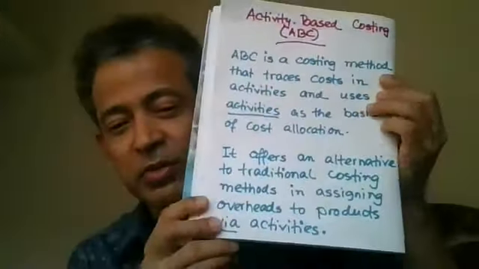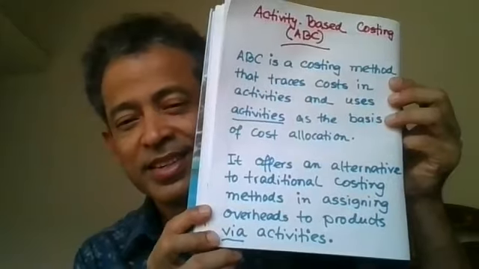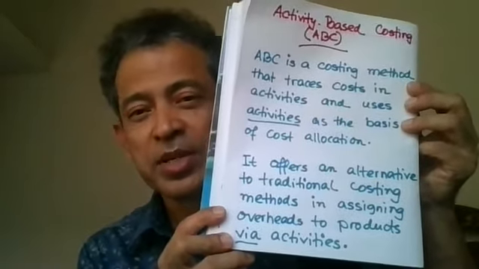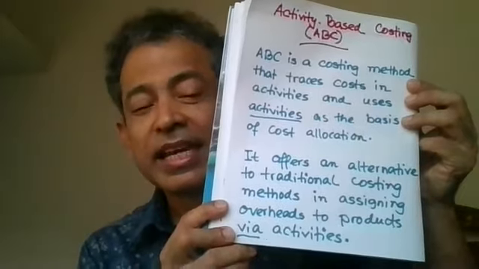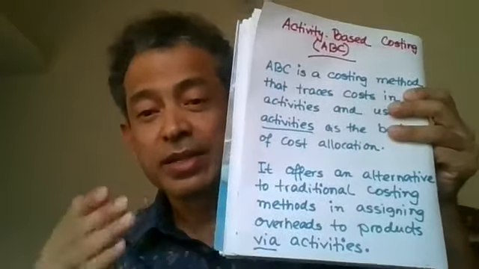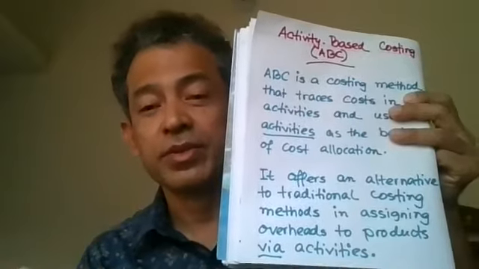So take note of this: it offers an alternative to job order costing and process costing in at least assigning indirect costs, assigning overheads to products and services. All right.